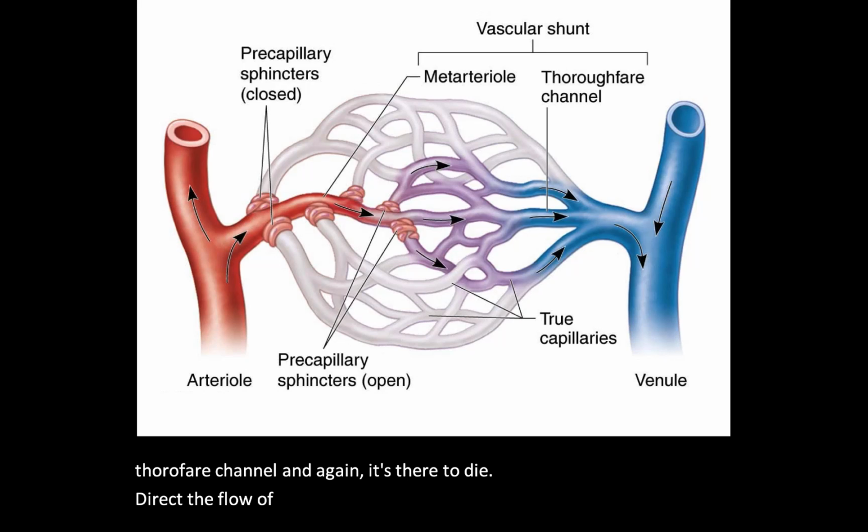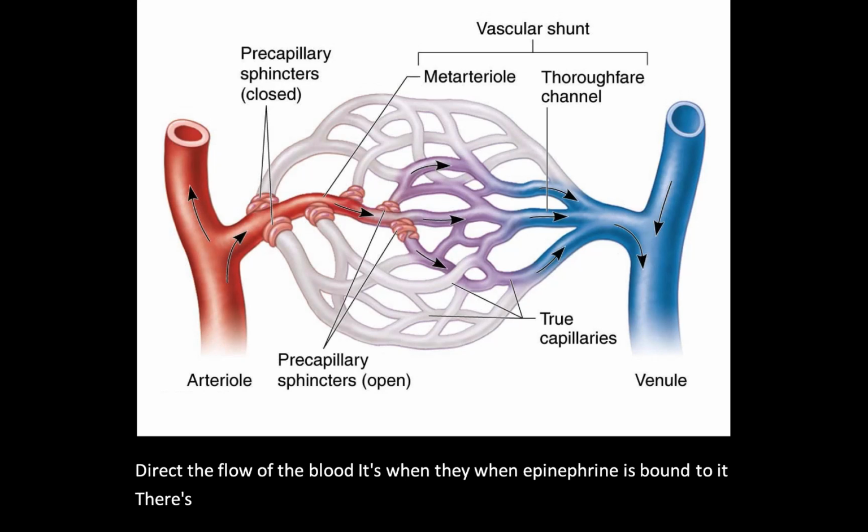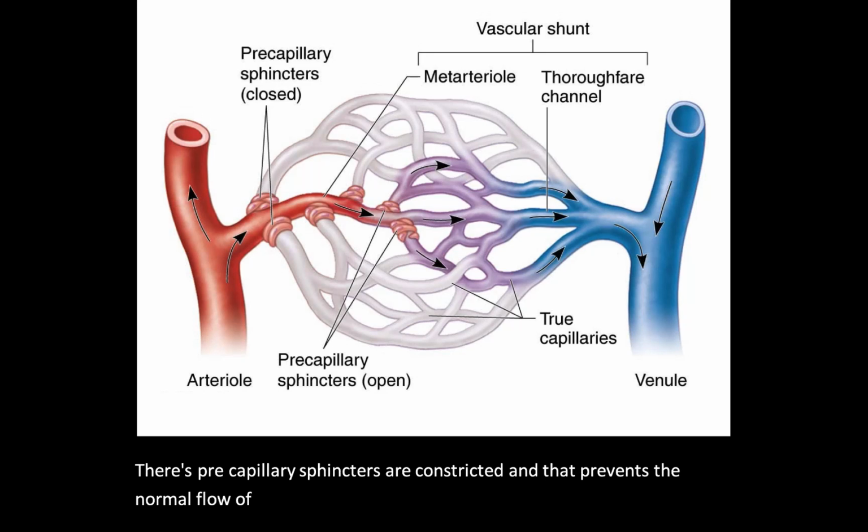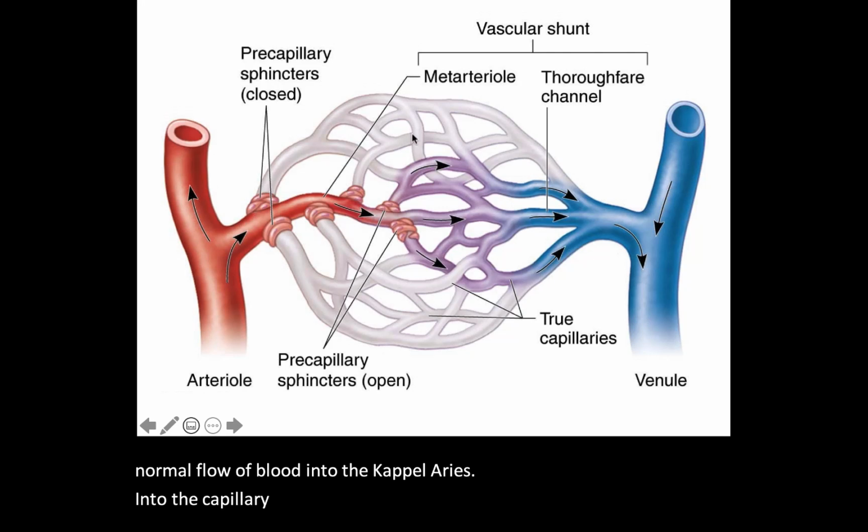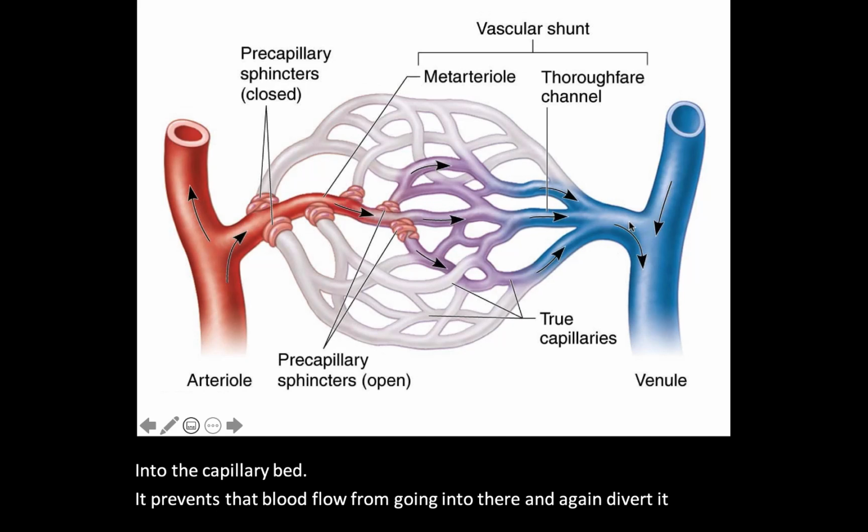When epinephrine is bound to it, those precapillary sphincters are constricted, and that prevents the normal flow of blood into the capillary bed. It prevents that blood flow from going in there, and again diverts it back into circulation and supply.